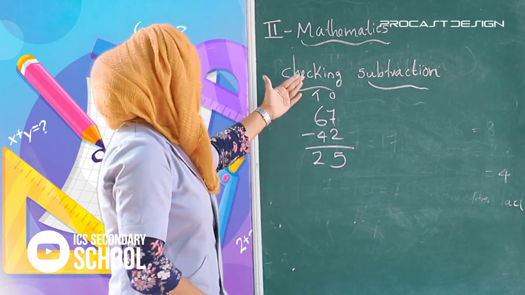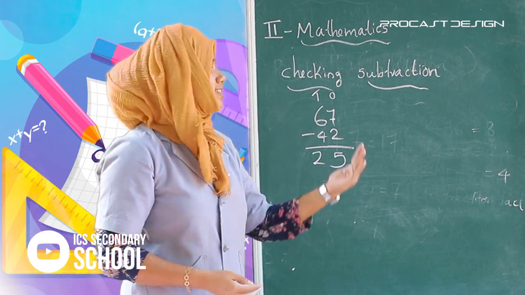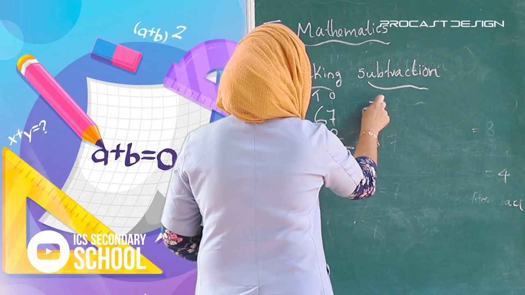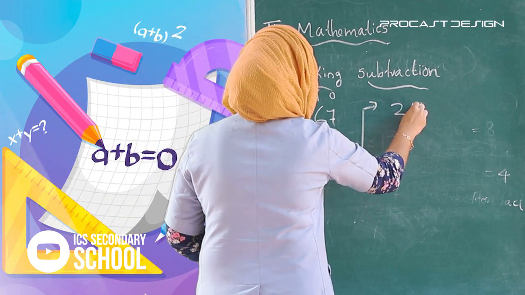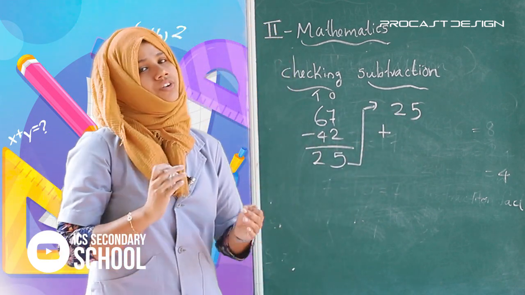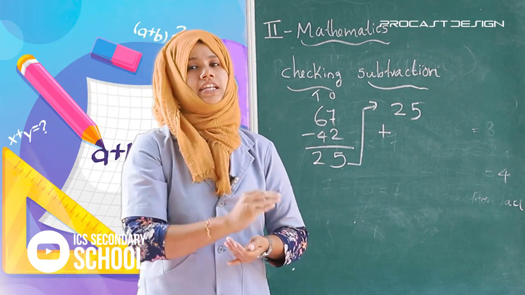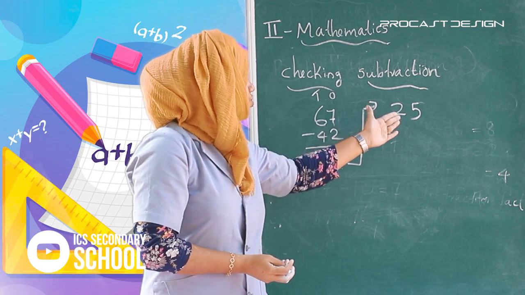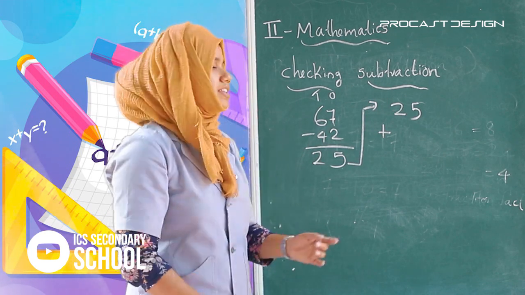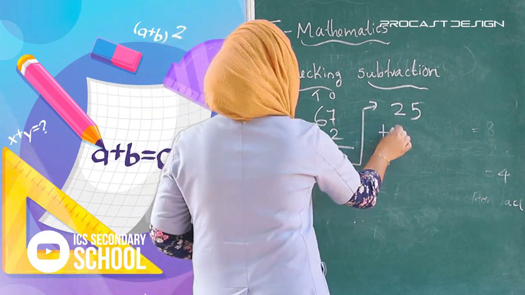If you solve any subtraction problem, we have to check it is correct or not, and the method is you have to add the difference, that is the answer, with the smallest number in that problem. We always subtract the smallest number from the greatest number.